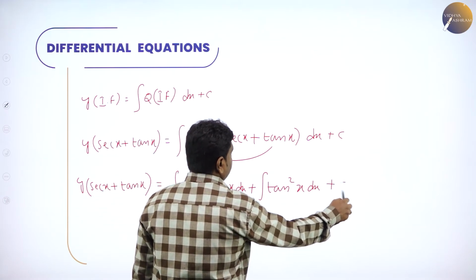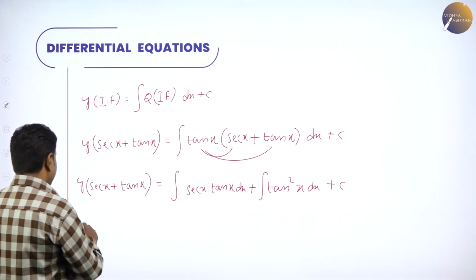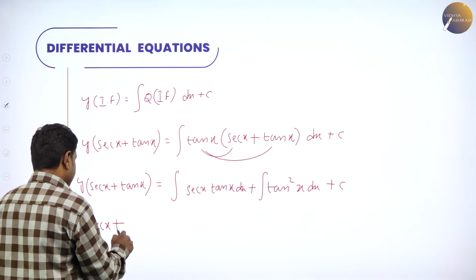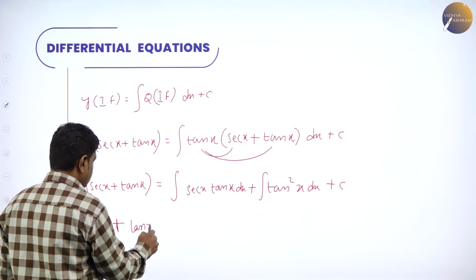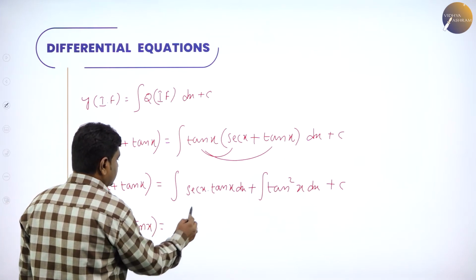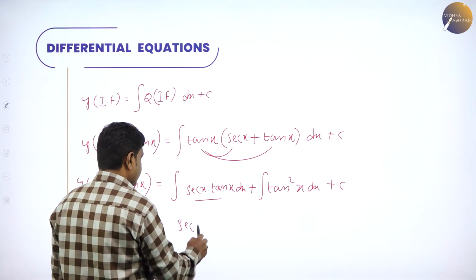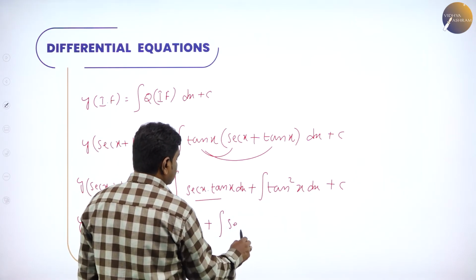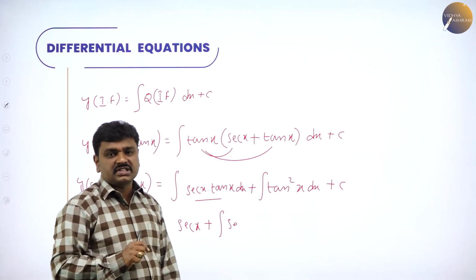Finally I'll write the integral constant in the beginning. So now y into secant x plus tan x is equal to integration of secant x tan x, which is secant x, and integration of tan square x can be written as, all of you know 1 plus tan square theta is secant square theta.